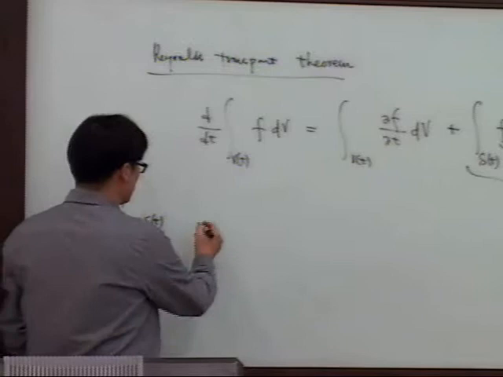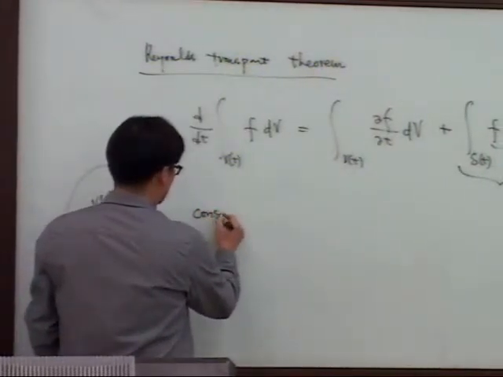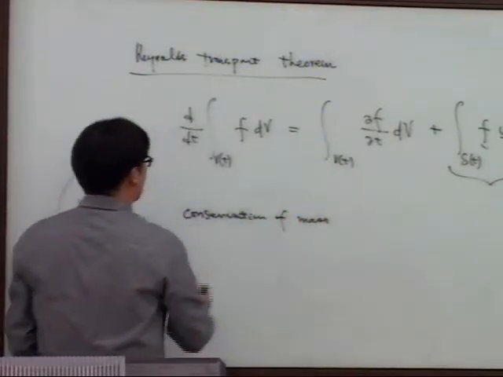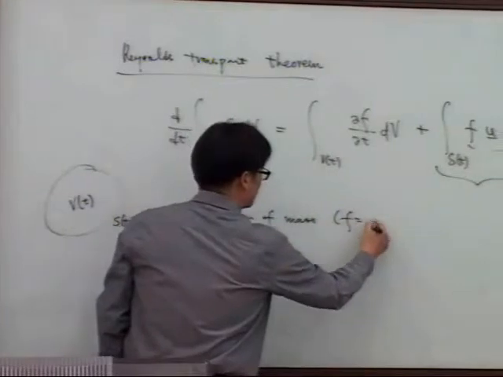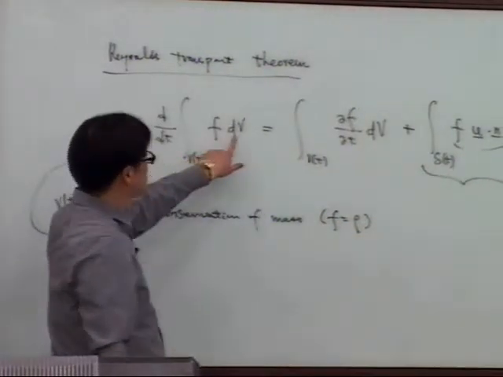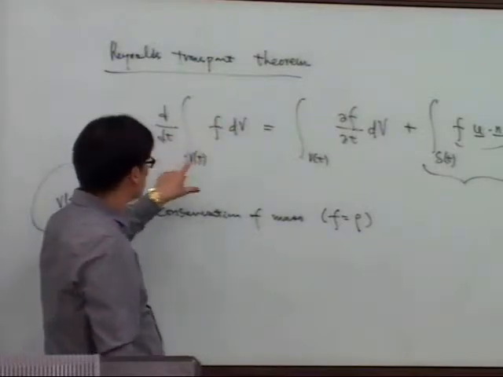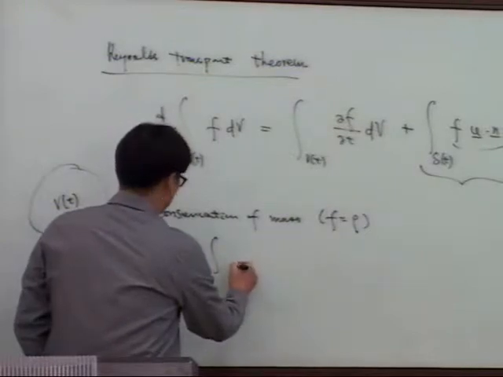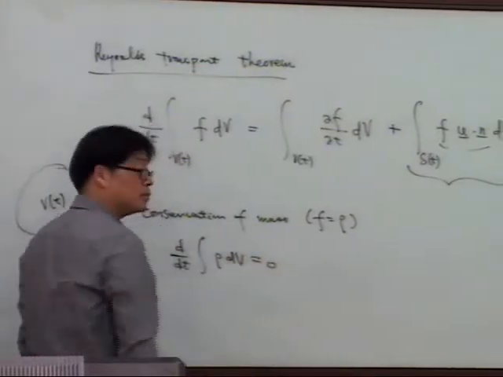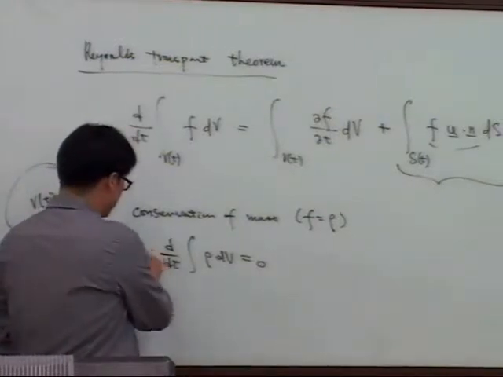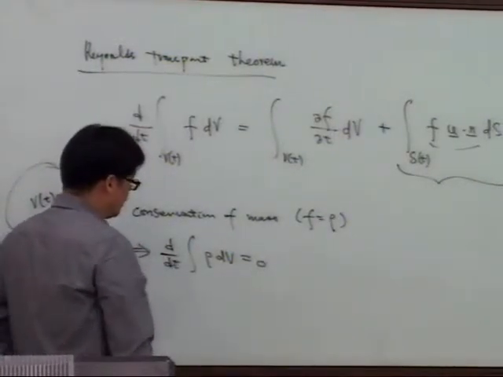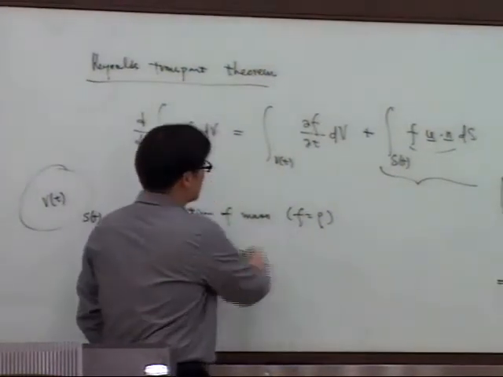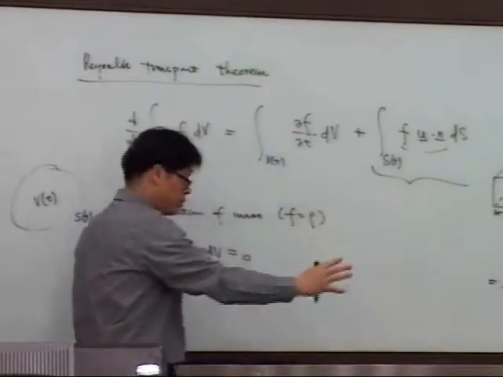So the first conservation law that we looked at is conservation of mass. In this case, F is nothing but density. Then density times volume should be mass. So the conservation of mass says d/dt of the integral of rho dV has to be 0. This is a physical law, and therefore you can write the left-hand side as a sum of this, and that has to be 0.